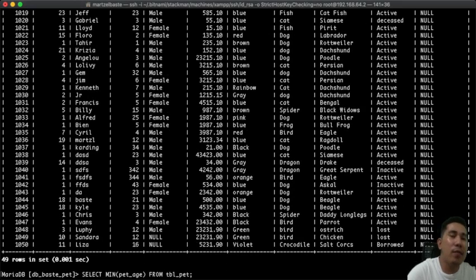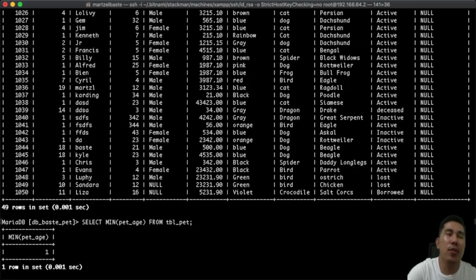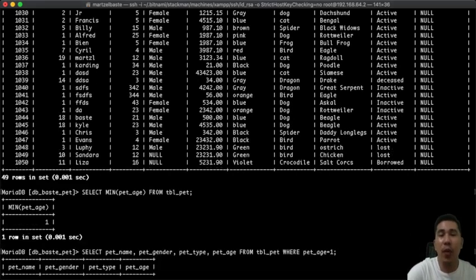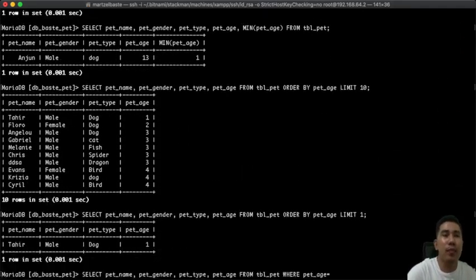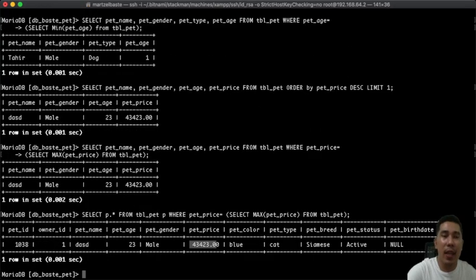Imagine if you have thousands of records now. Earlier we only had 49 rows. What if it was 1,000 tuples? So this would give us really a headache. So that's why with MySQL, or scripting using SQL, you'll have to really learn from the basic up to the complex queries.